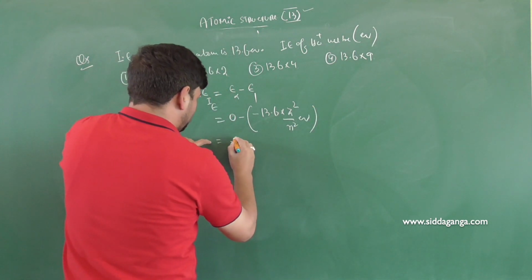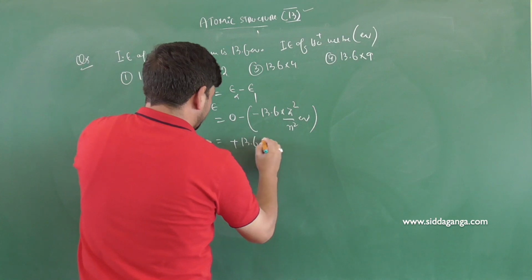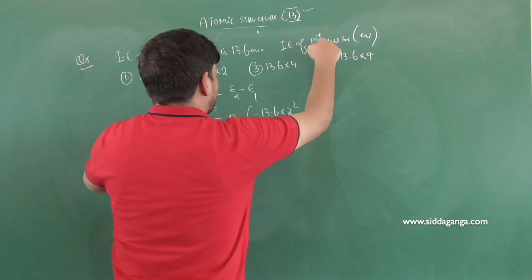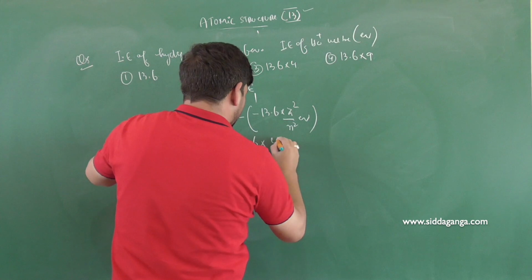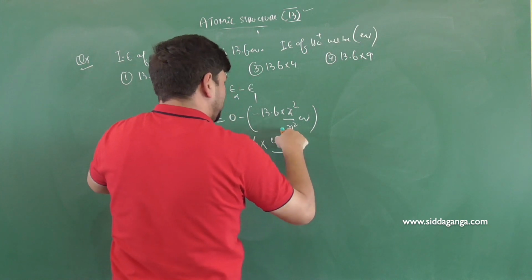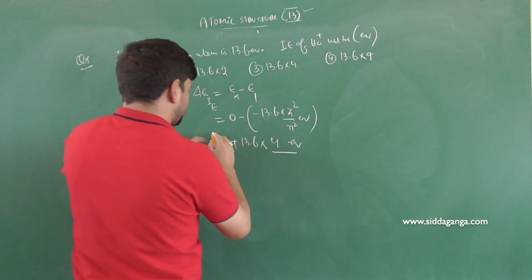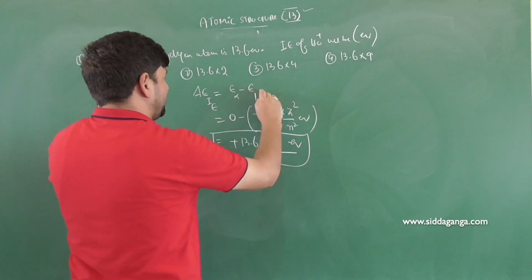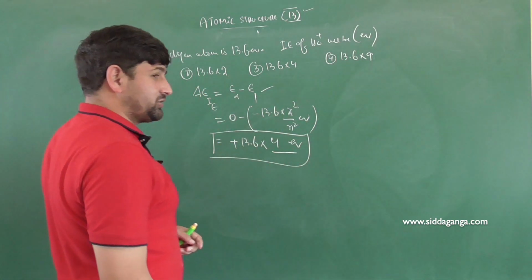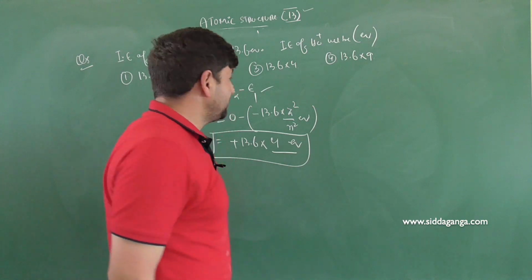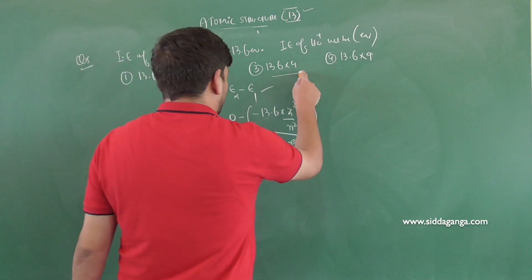So that will make it plus 13.6 into Z square. For helium, Z is 2, so that will make it 4 by n square, because we are talking about the first shell, electron volts. This is the ionization energy required to eject the electron from helium plus. So the correct option will be 13.6 into 4.